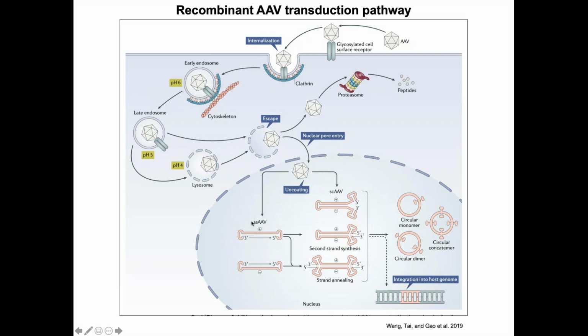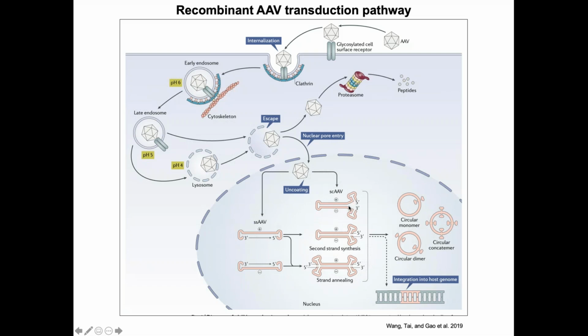So once the single-strand genome is in the nucleus, it can then undergo a rate-limiting step to convert a single-strand genome into a double-stranded genome through second-strand synthesis or strand annealing. However, investigators have also developed self-complementary AAVs that can bypass the second-strand synthesis step.